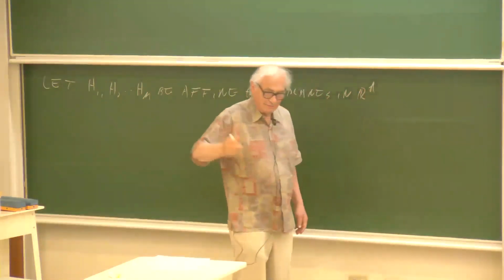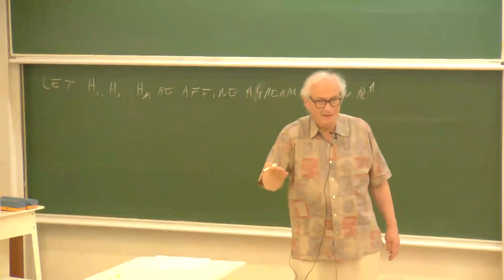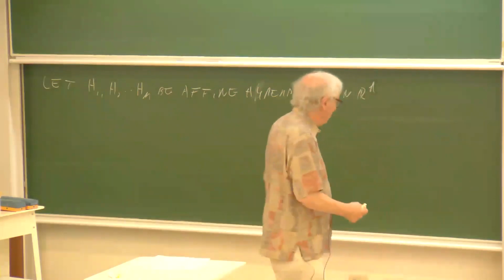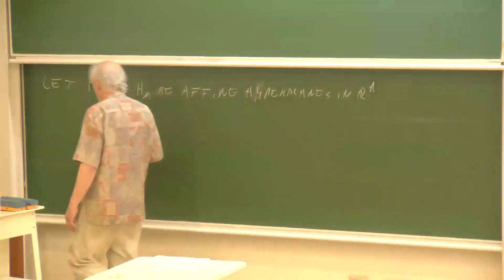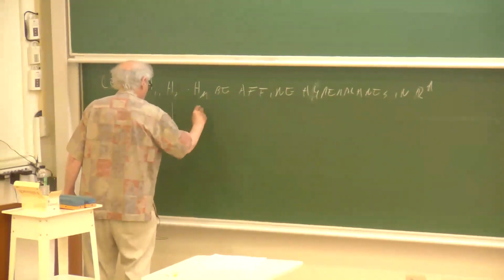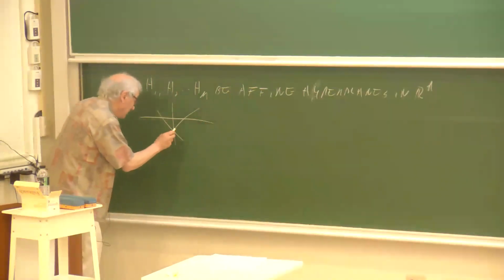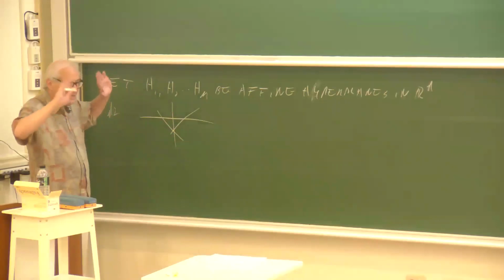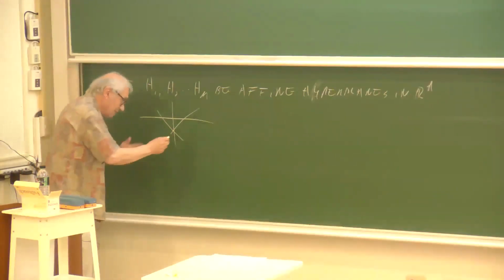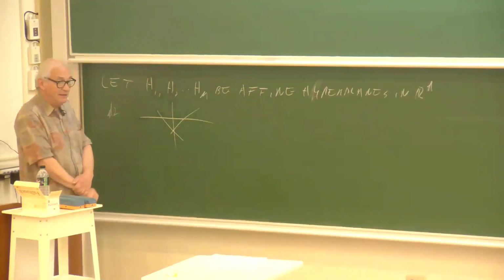A plane is a codimension 1 subspace, and an affine hyperplane is a shift of that. So, for example, when D is 2, I might have some lines. They don't have to go through a point; they can be any affine hyperplanes. So these are 1, 2, 3, 4 lines in R^2.